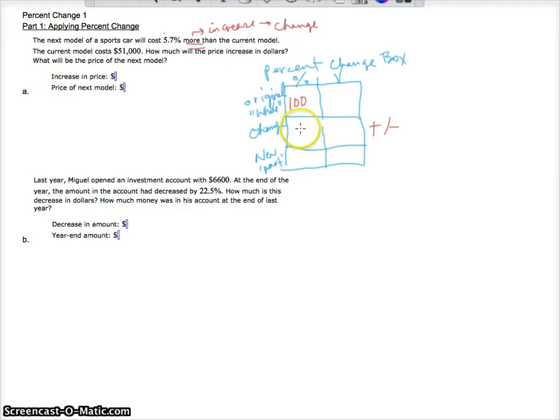So I'm going to put 5.7. And it says the current model costs $51,000. Current means original. So I'm going to put $51,000 in the original value.